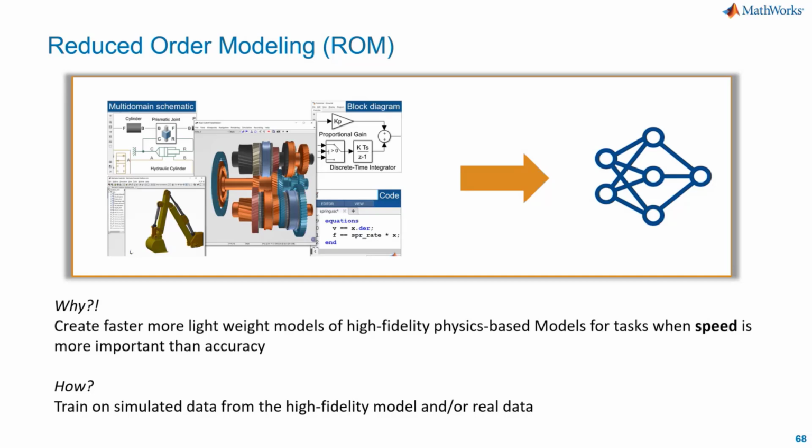Then you feed this data to train the model and replace the physics-based models in the simulation environment and perform simulations. So you can still get very high accuracy, but a fairly high simulation performance model. So this is one of the applications for reduced order modeling.